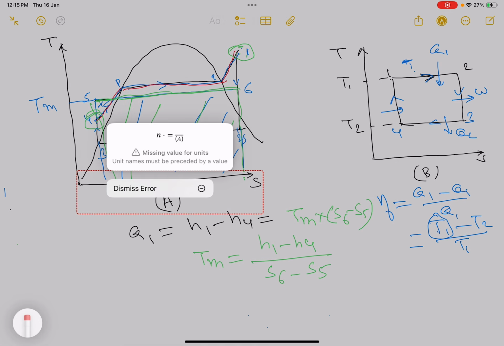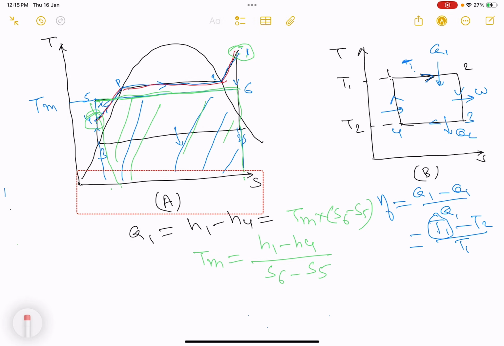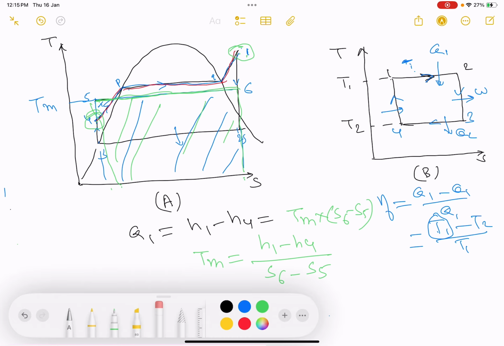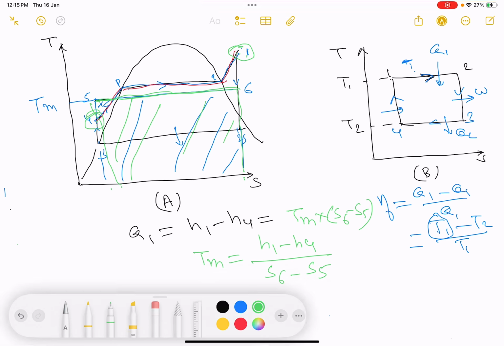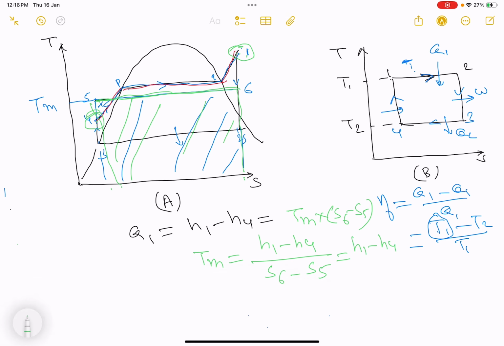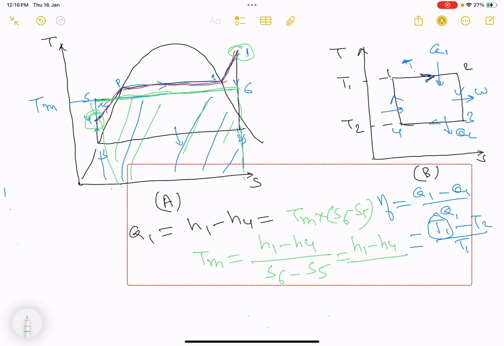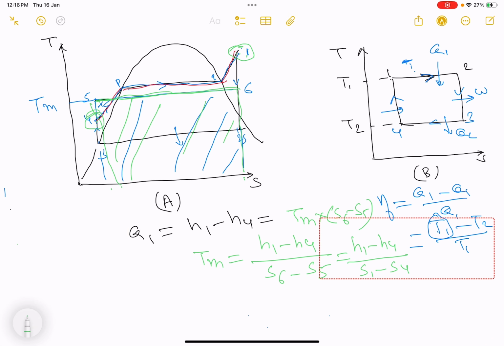Please note that 3, 4 and 5 are at constant entropy, on a vertical line. So in order to be more clear, instead of S6 minus S5, I can write this as S1 minus S4.